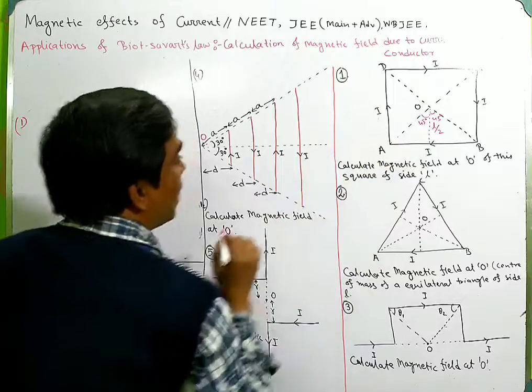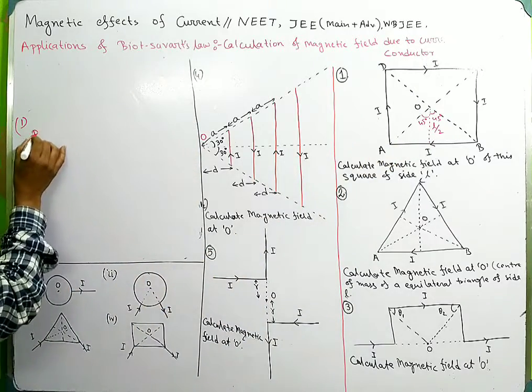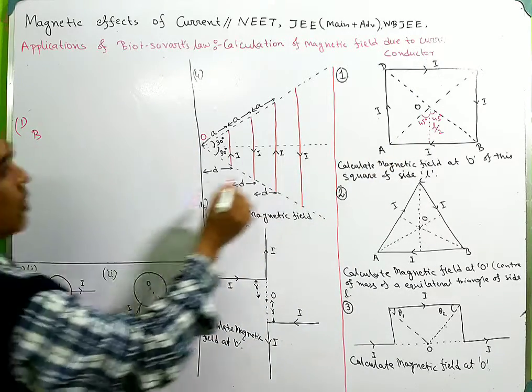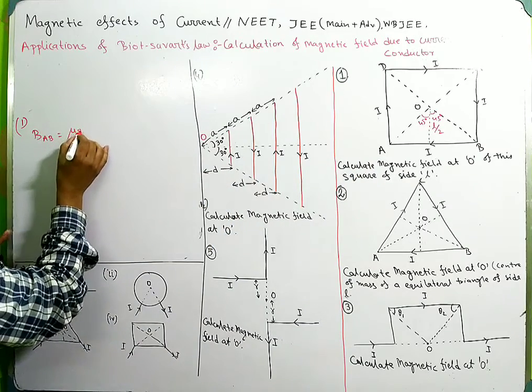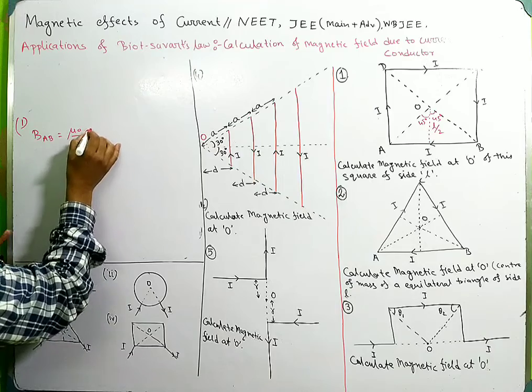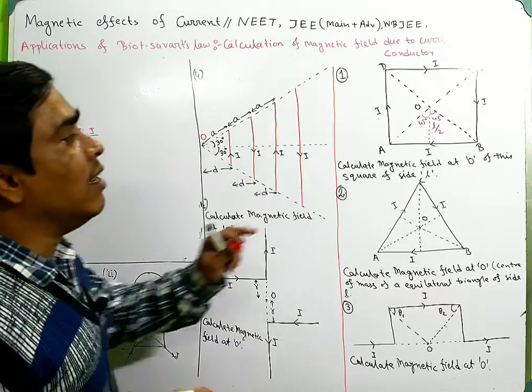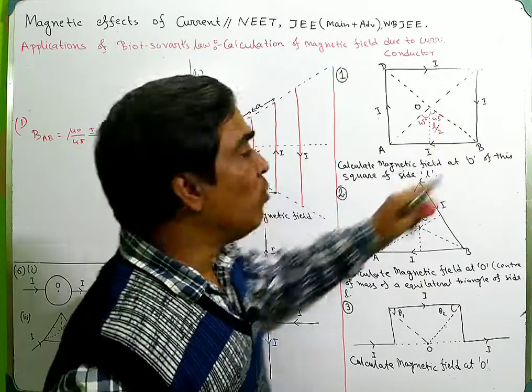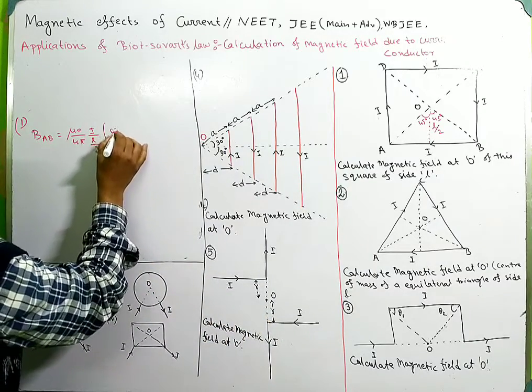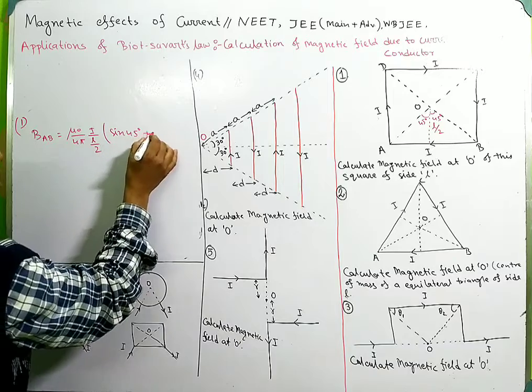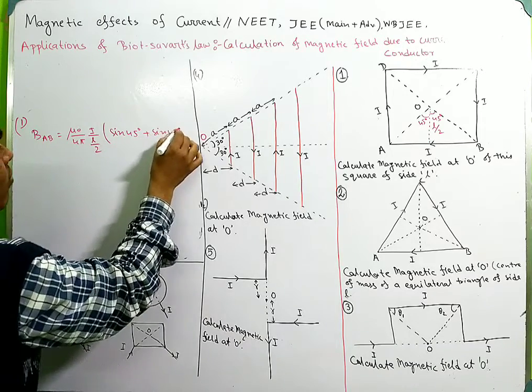So the magnetic field at O for this AB portion will be mu 0 by 4 pi I divided by D, where D is L by 2. So here it is L by 2 into sine 45 degree plus sine 45 degree.